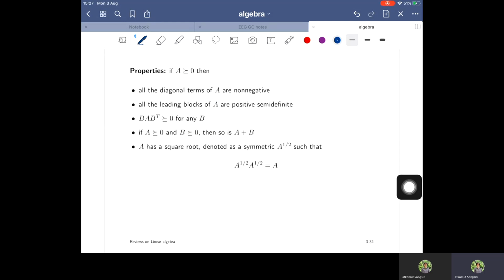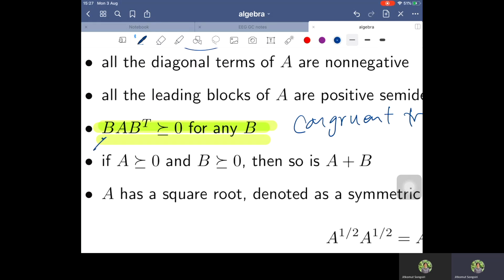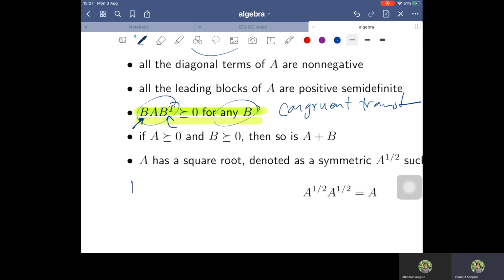Now we end the video by giving you one more important result: the positiveness property is not changed by the so-called congruent transformation. If A is positive semi-definite, and B is any matrix such that the multiplication makes sense, and you multiply B and B transpose on both sides, the result of the multiplication is also positive semi-definite.